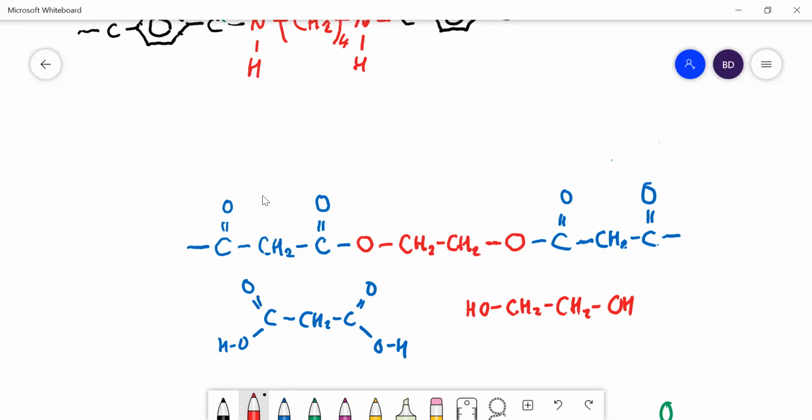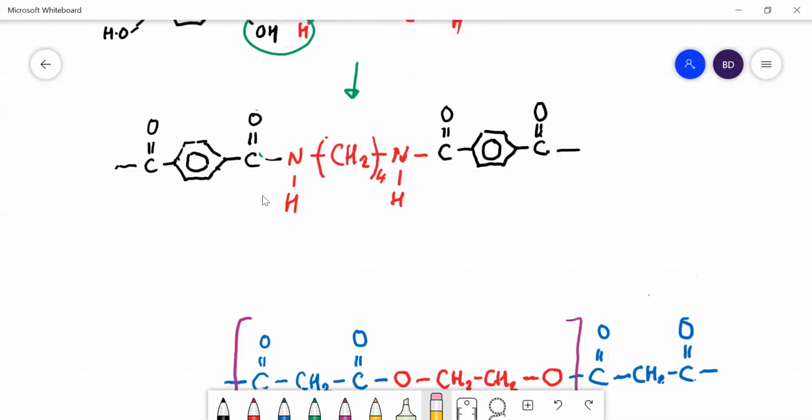It's pretty important to be able to draw the repeating unit as well. So let's start off our square bracket there, and then we mustn't repeat anything, but we must include everything. So keep going, keep going, keep going. We should stop there. That's a repeating unit. And let's have a look at the amide that we did earlier. So if we start our bracket there, and we keep going to there, and we put the bracket in there.